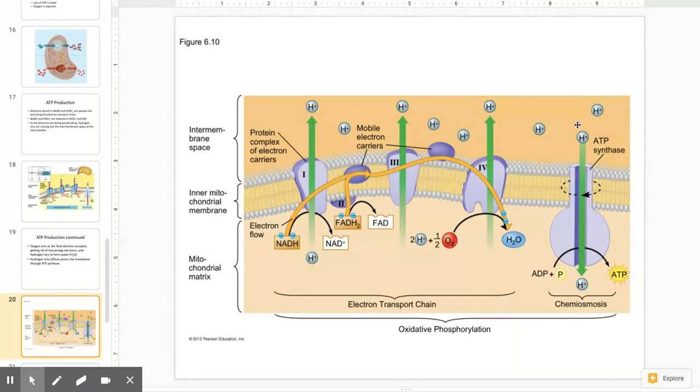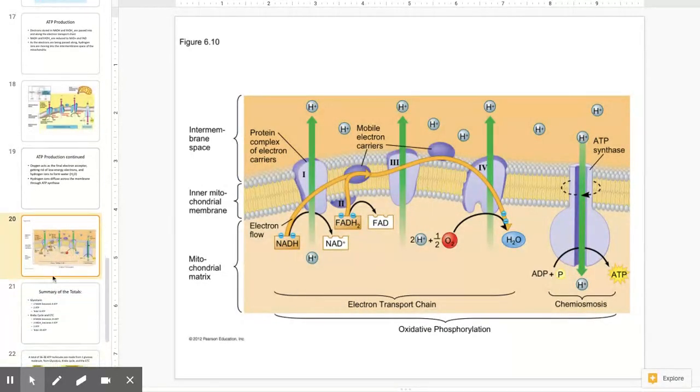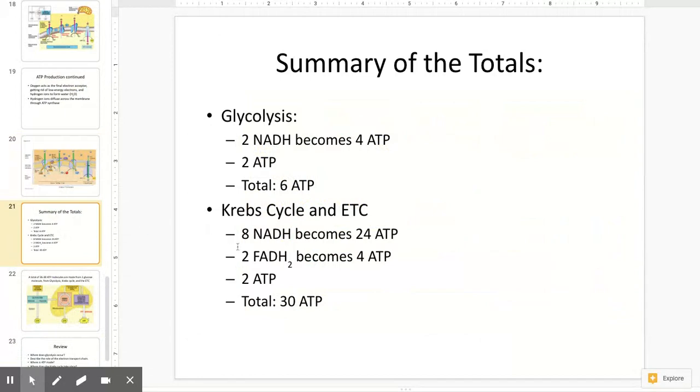And lastly, hydrogen ions diffuse through ATP synthase, adding a phosphate to ADP, creating the energy storing molecule ATP, which acts as cellular fuel.